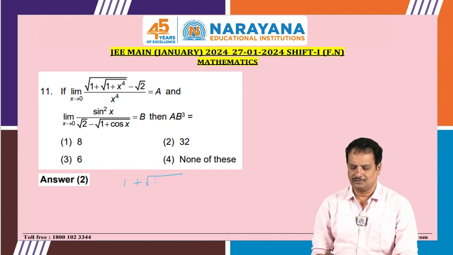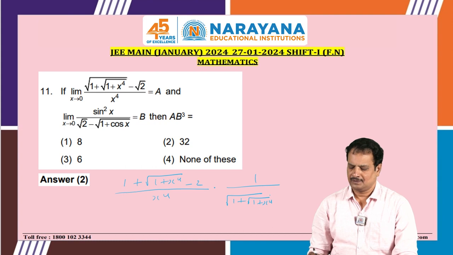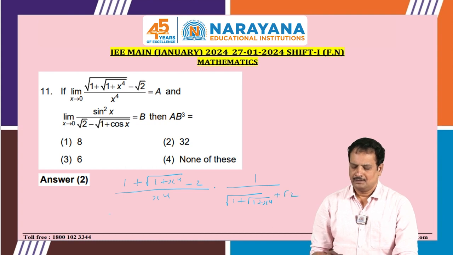1 plus root over 1 plus x power 4 minus 2 divided by x power 4, into 1 divided by the root over 1 plus root over 1 plus x power 4, next plus root 2. If you apply the limit for this one, you get 1 and minus 2, the minus 1.